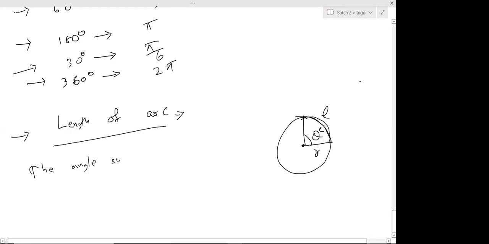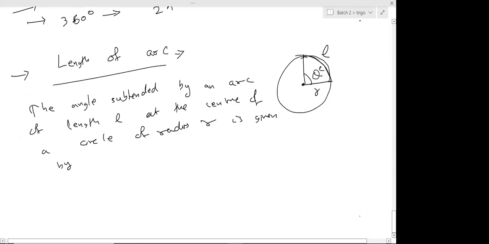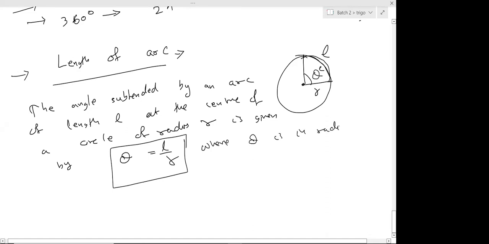The angle subtended by an arc of length L at the center of a circle of radius r is given by theta equals L upon r, where theta is in radian.